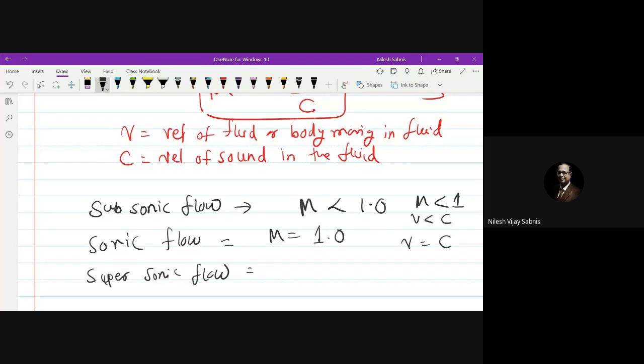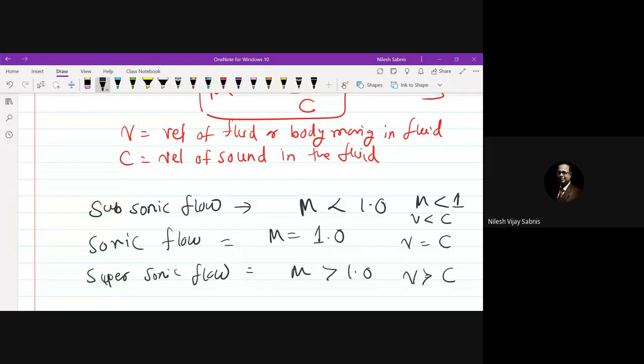Supersonic flow means what? Here Mach number is greater than 1.0. Means V is greater than C. Velocity is greater than velocity of sound wave in the flow, we will call it supersonic flow.